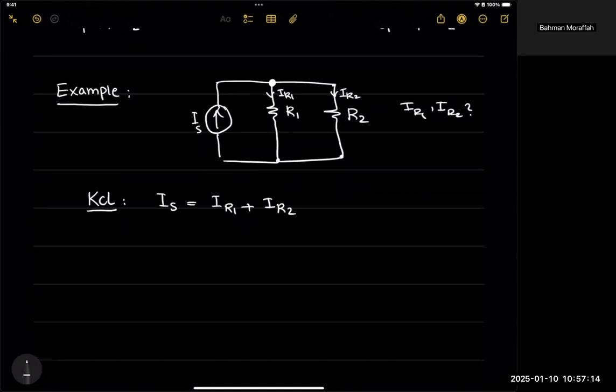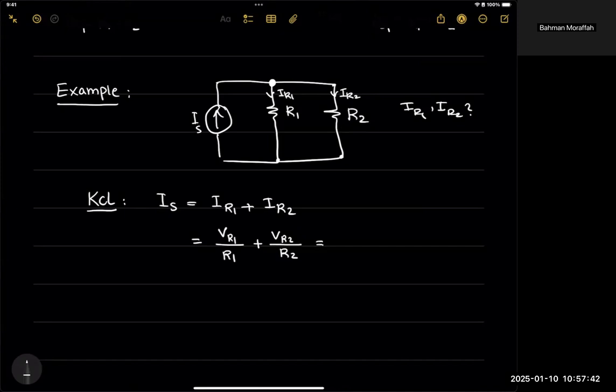But what is I of R1? Well, I know I of R1 is V across R1, let's call that V of R1, divided by R1, plus V across R2 divided by R2. However, we know V of R1 is exactly the same as V of R2.